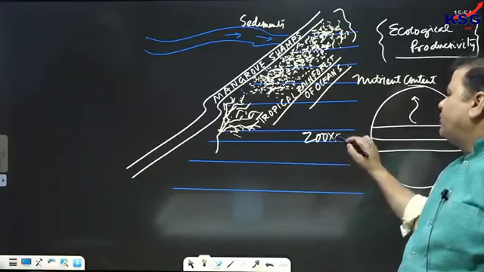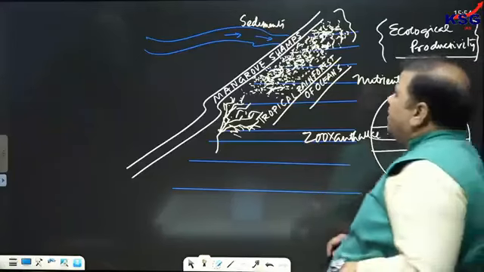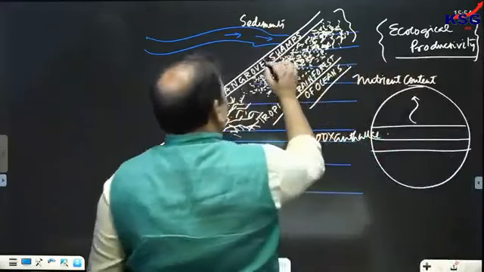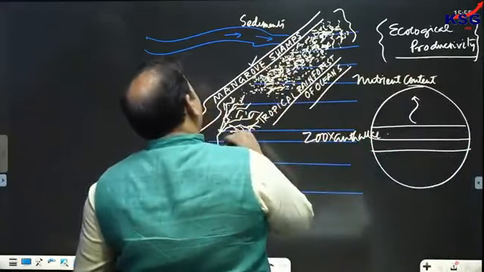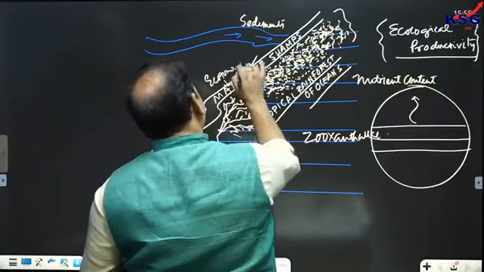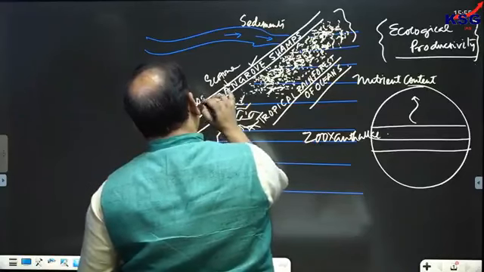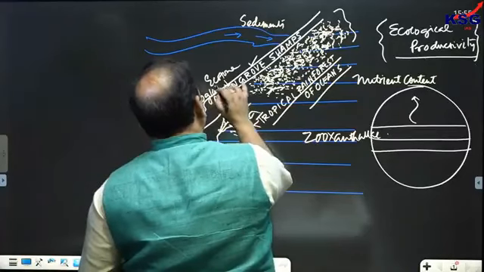So if we talk about the ecological productivity of this area, the ecological productivity of mangrove swamps is very high. Why? Because this is an ecotone. So ecological productivity of mangroves is 2500 gram per centimeter square per year.